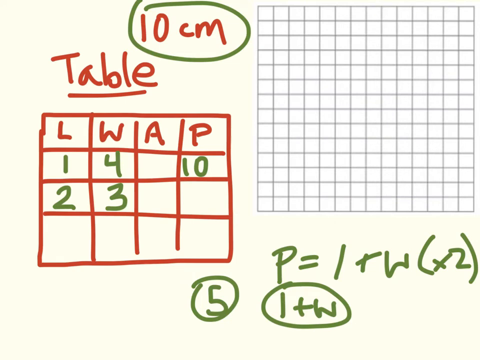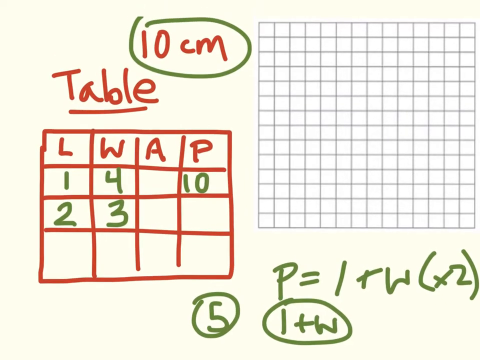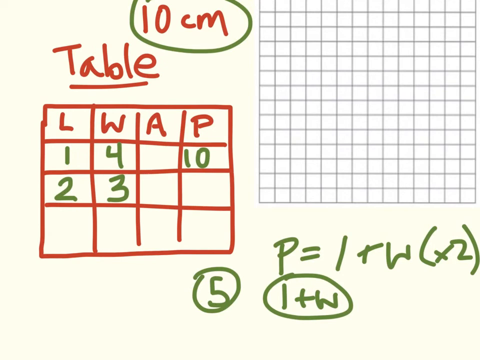So we are going to figure out the area now. So the perimeter we know is 10. Because perimeter is always length plus width times 2. 2 plus 3 is 5 times 2 gives me 10. 1 plus 4 is 5 times 2 gives me 10. Alright, so that's how we find that out.